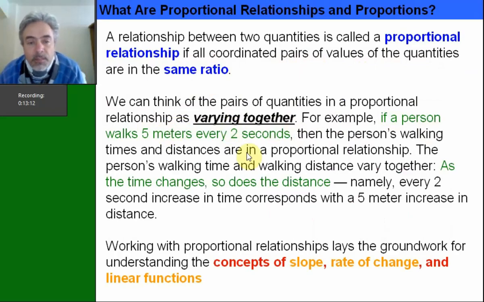For example, if a person walks 5 meters every 2 seconds, then the walking time and distance are in a proportional relationship. As time changes, so does the distance. Namely, every 2 seconds increase in time corresponds with a 5 meters increase in distance.